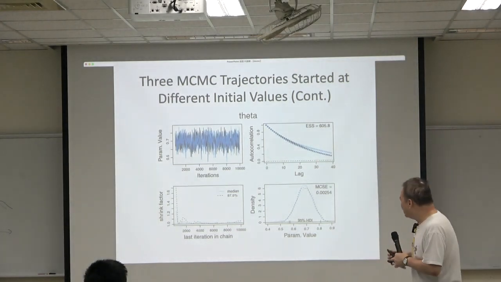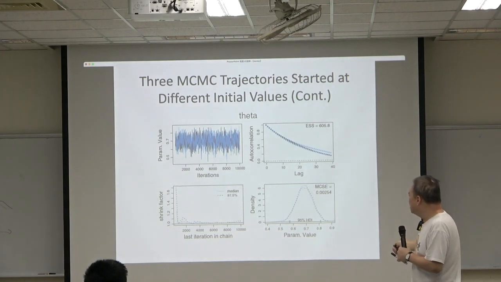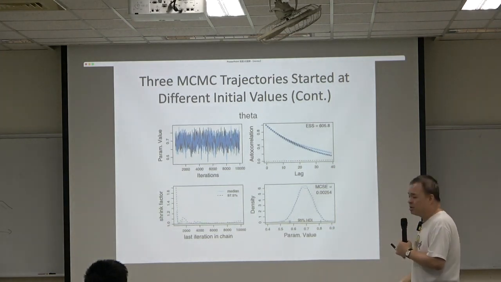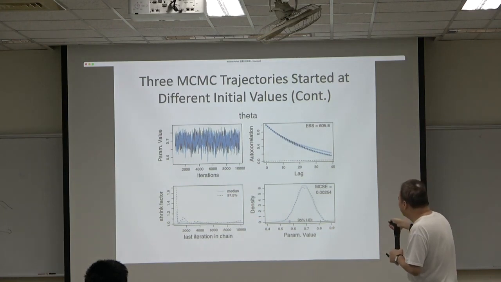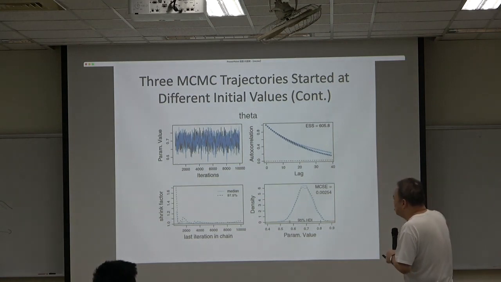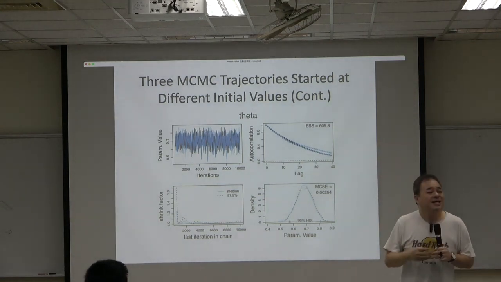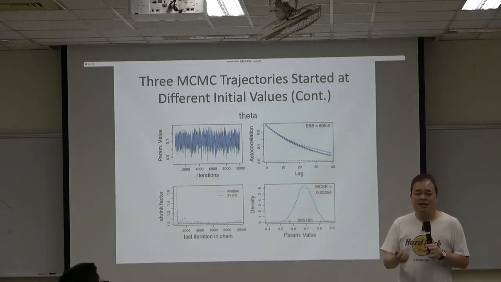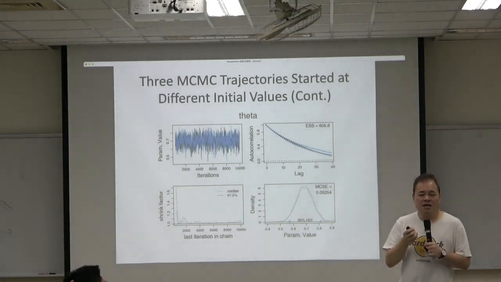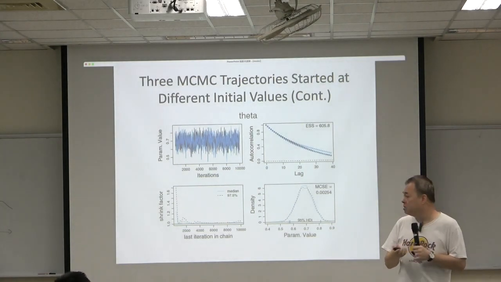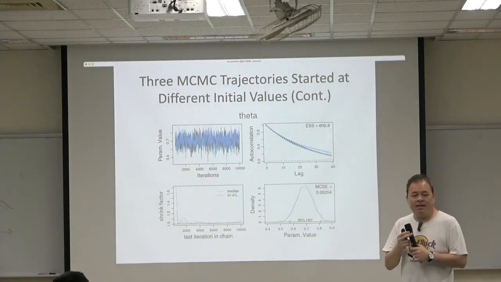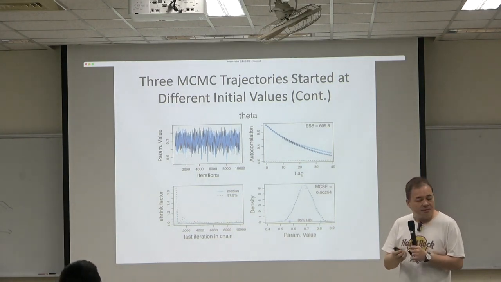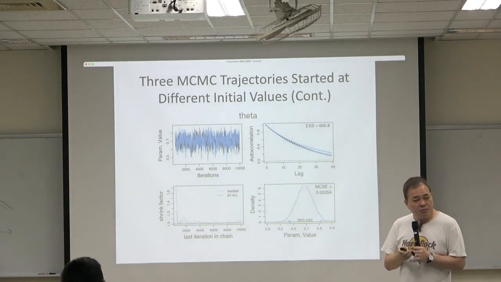You should see the autocorrelation become very low very quickly, much lower than 0.4 at lag 20. If that's not the case, it just means your chains are not mixing very well, or the chains are not representative enough of your posterior distribution.